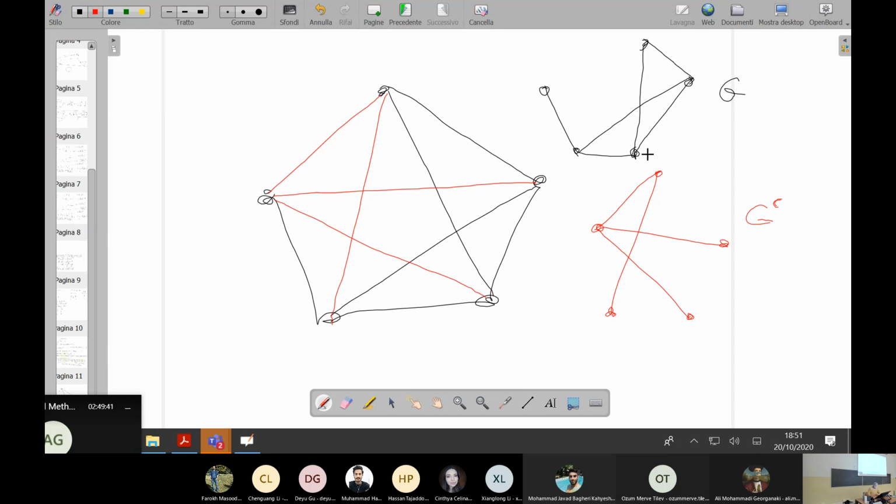So you know what a clique is. For instance, this here is a clique of 3. Independent sets of G are the cliques of G complementary. And so here, for instance, you have cliques of 2 in the complementary. This clique of 2 is an independent set.